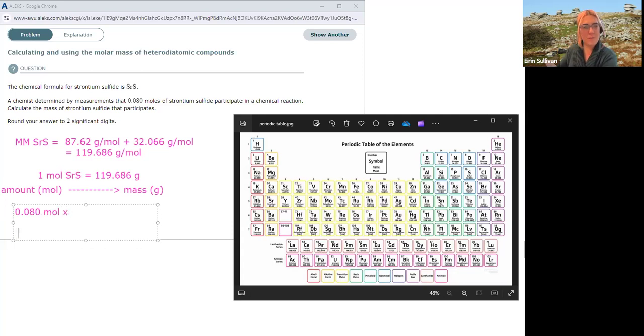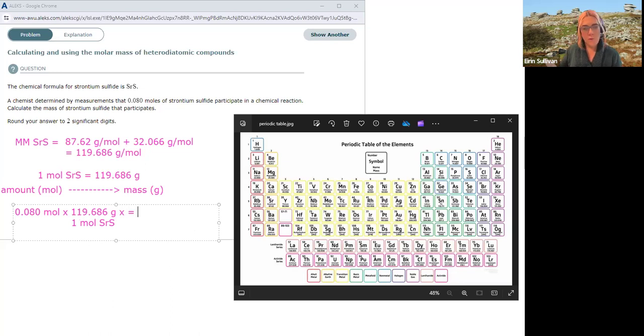I'm going to want moles on the bottom this time, so it cancels out with my given units of moles. So the 1 mole stays with the strontium sulfide, and then that weighs 119.686 grams. So that is going to cancel out the number of moles.